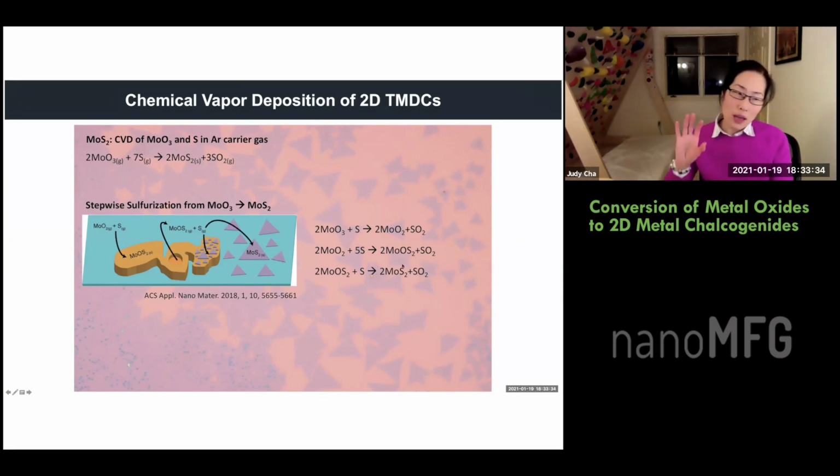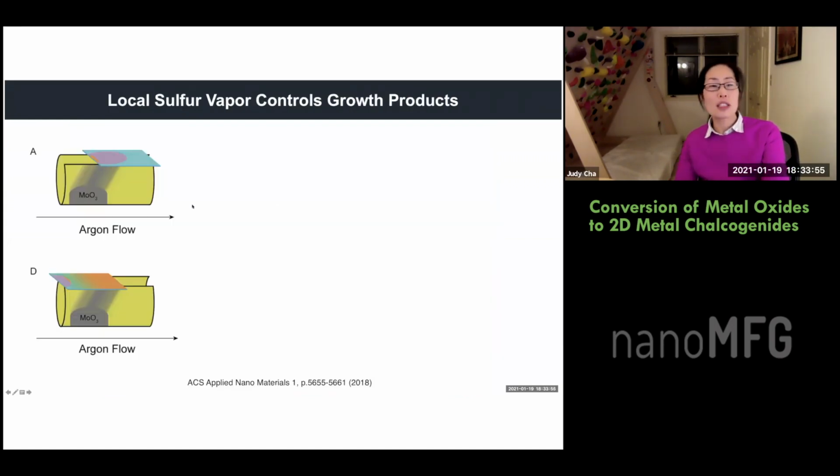We had a new graduate student who joined the group, so he was learning how to do this growth, and he was not loading enough sulfur, so he was always getting intermediate moly oxysulfides. He was a great student, so we just took a look at this stepwise sulfurization reaction. Let me tell you how he did it.